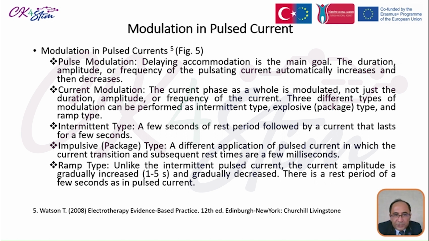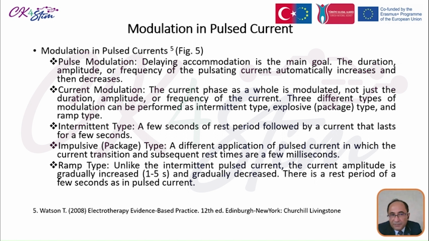In current modulation, the current phase as a whole is modulated, not just the duration, amplitude, or the frequency. So, as a whole, we see a modulation. Three different types of modulation can be performed: intermittent type, explosive package type, and ramp type. The intermittent type is a few seconds of rest period followed by a current that lasts for a few seconds.